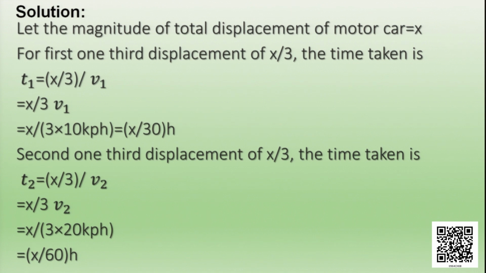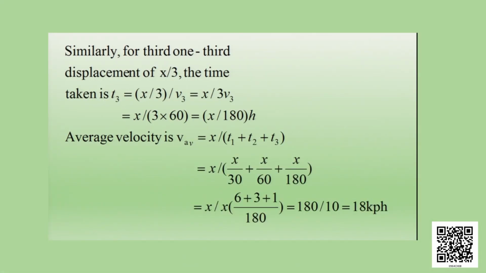Then for the second 1/3 displacement x by 3, the time taken is t2. In the same way you can calculate, and t2 will be equal to x by 60 hours. Similarly for the third 1/3 displacement x by 3, t3 is equal to (x by 3) divided by v3, equal to x divided by 180 hours.